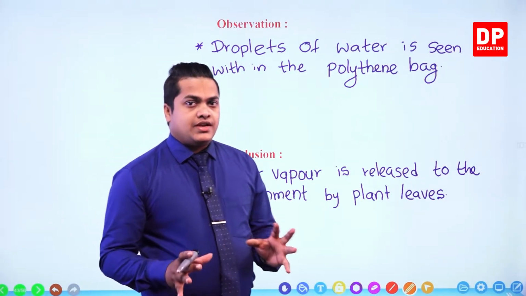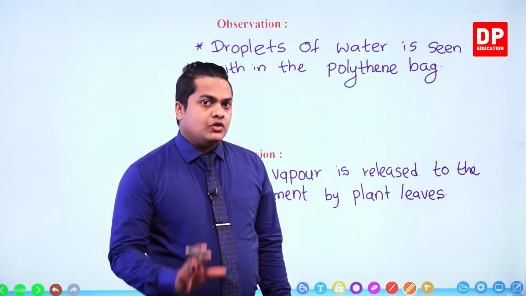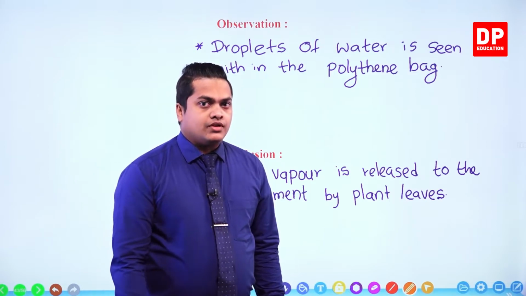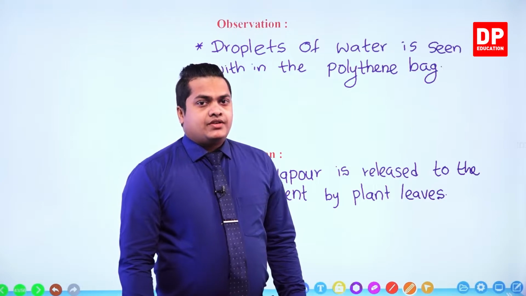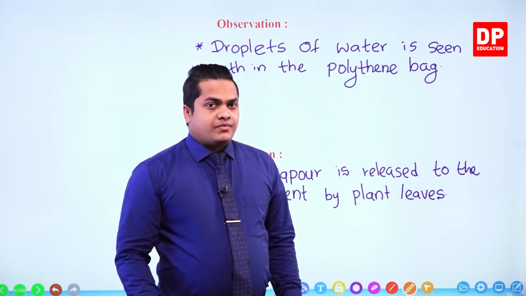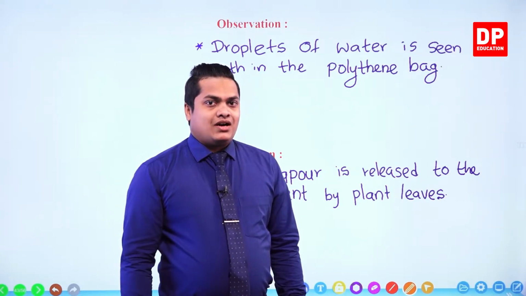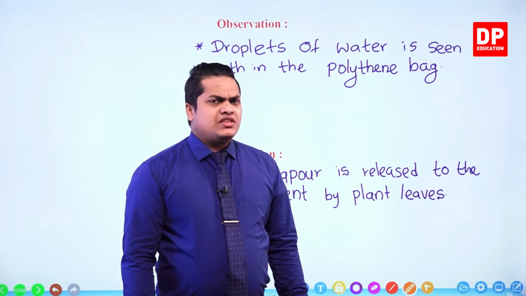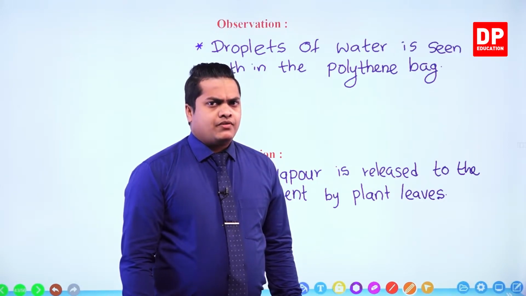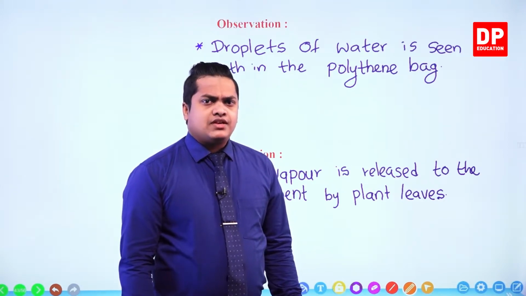Even I used that copper sulfate to show you that this is water vapor, right? So my dear children, it's obvious to us that from this experiment, each and every plant is going to release water vapor from their leaves, right? This process of releasing water vapor from their leaves is referred to as transpiration.